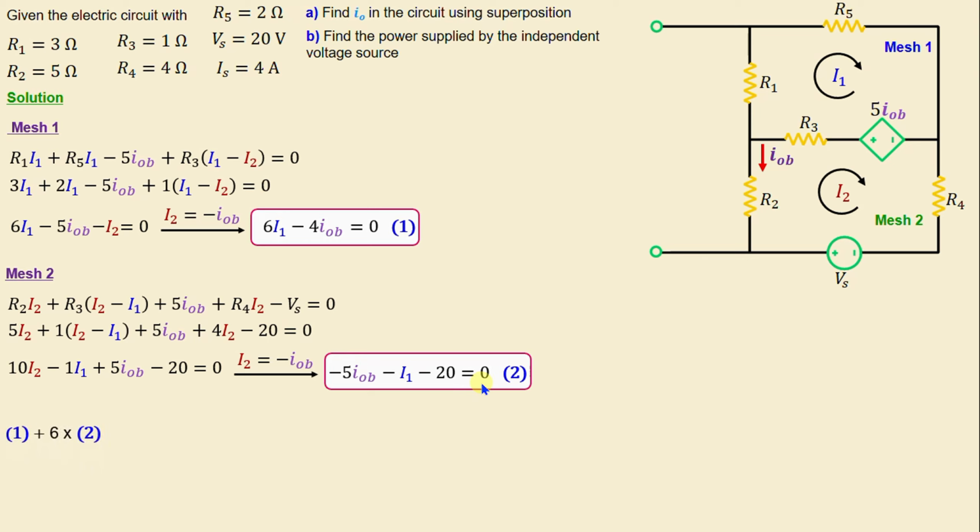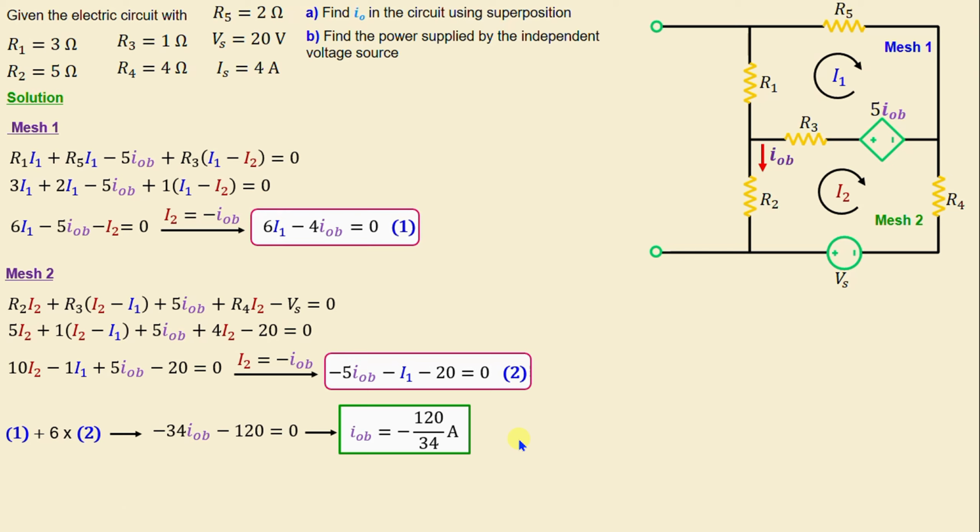By performing now equation 1 plus 6 times equation 2, we obtain negative 34 IOB minus 120. That means IOB is equal to negative 120 over 34 amps. After completing the analysis for each independent source while treating the other as turned off, the subsequent step is to combine the results algebraically.